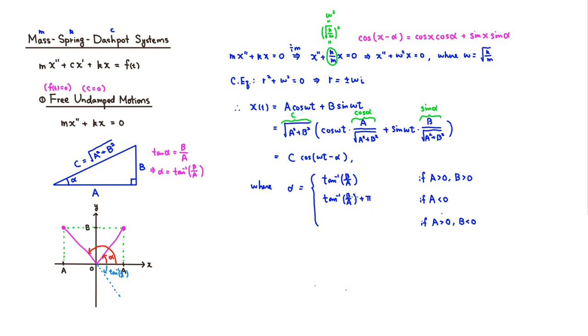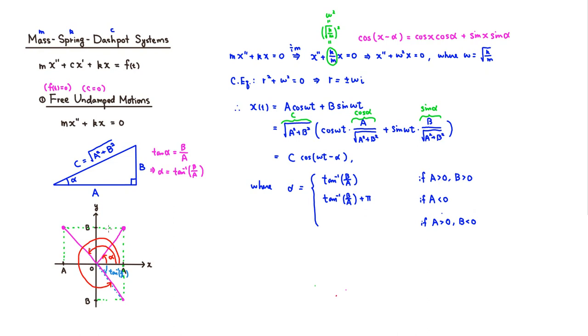All right. And the third case is A is positive, but B is negative. So I'm going to just put the B down here, and then we are thinking of the angle, something like that. Again, it's the same kind of deal, and the alpha that we want is this angle all the way around to here, right?